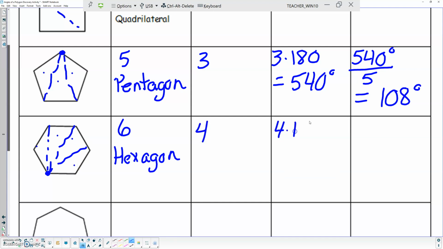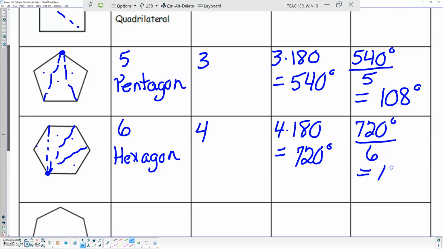So 4 times 180 is going to be 720 degrees. We know that the angles in a hexagon always add up to 720 degrees. If I take that sum and divide it by the number of angles, we get 120 degrees. So every angle in a hexagon measures 120 degrees.